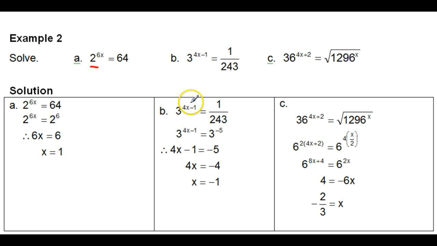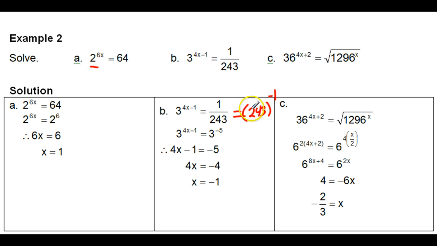Same sort of thing over here. If I can rewrite this with a base of 3, and we want to remember this, I guess we could have rewritten it first as that. From our exponent rules from last day, the -1 tends to flip our base, so if we want to flip it back over, we can bring it back to what it was, which is 243 to the -1.